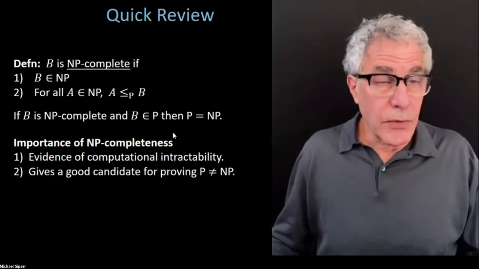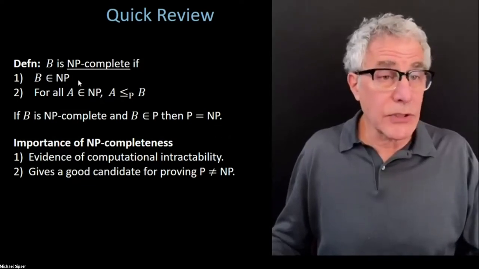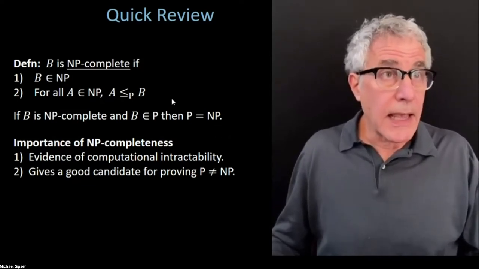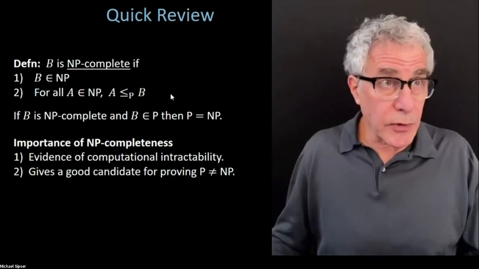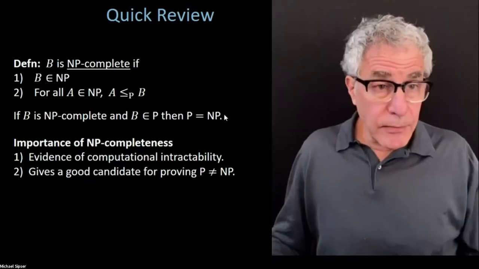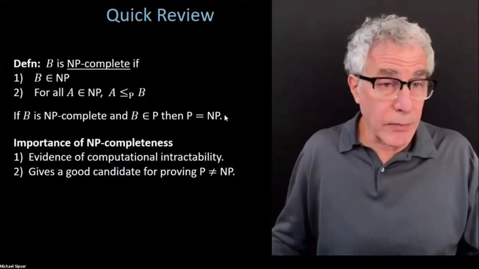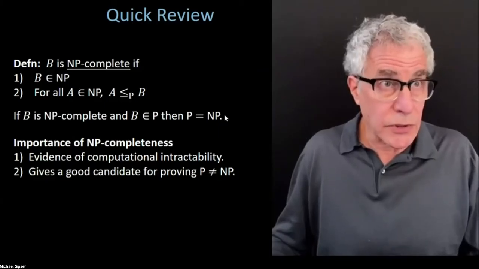Just to remember, we had this notion of NP completeness. A language is NP complete if it's in NP, and everything else in NP is polynomial time reducible to it. And if an NP complete problem turns out to have a polynomial time solution, then every NP problem has a polynomial time solution.